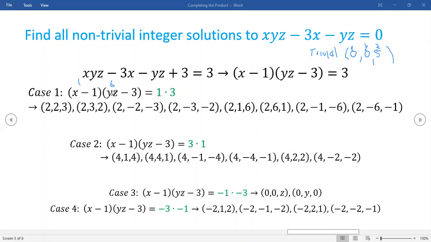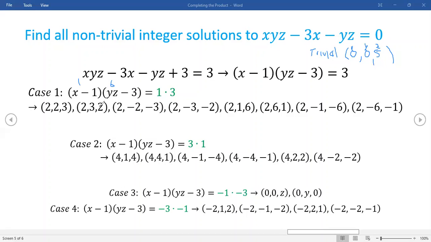The product yz would have to be equal to 6 in order to give 6 minus 3 is equal to this 3. It gives you just enough structure, but it's still kind of tedious. If you take a look at these solutions right here, 2 times 3 is 6, right? y times z is 6. 6 minus 3 will give you the 3.